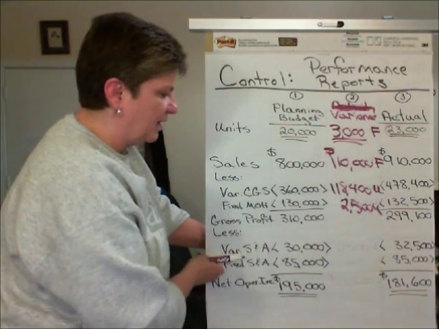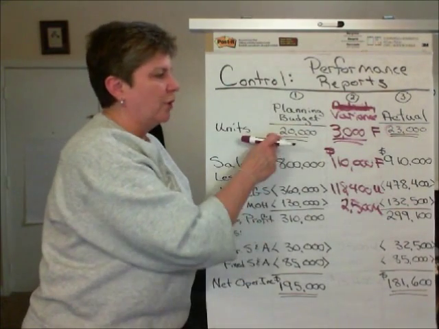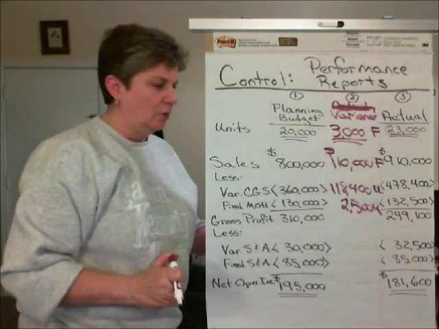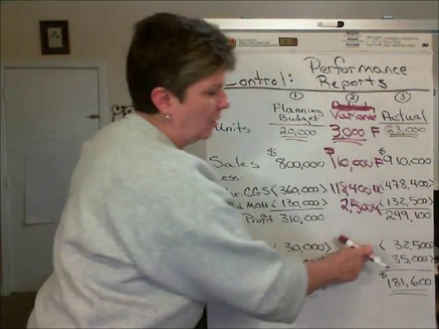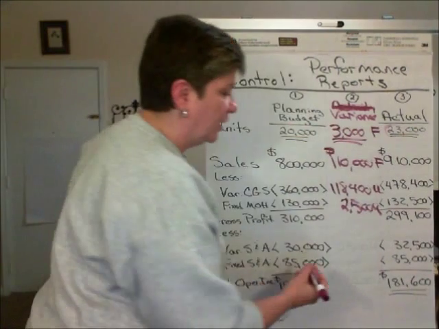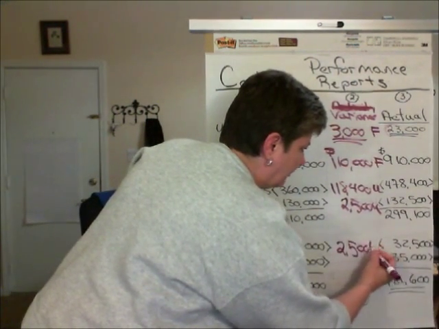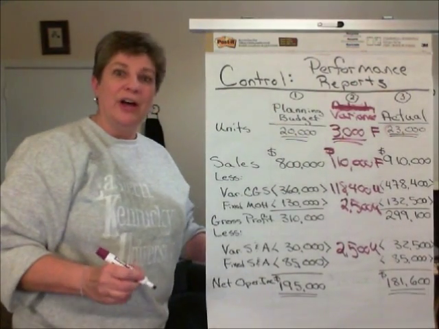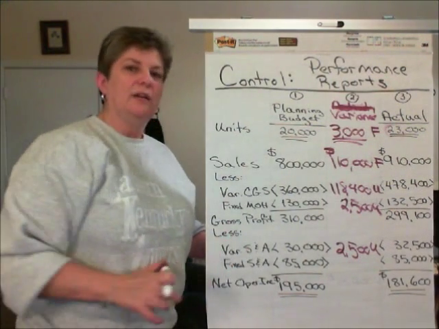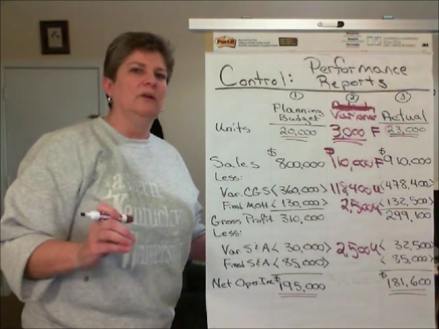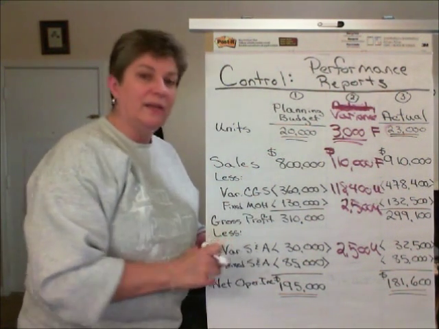Selling and administrative variable was expected to be $30,000, but remember that was for 20,000 units sold. Our actual cost for 23,000 units was $32,500. So once again, we've got a $2,500 unfavorable variance here. With selling and administrative costs, we need to look at each of the major areas within this.